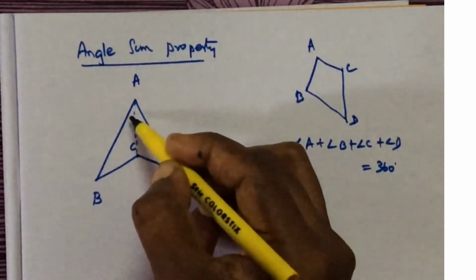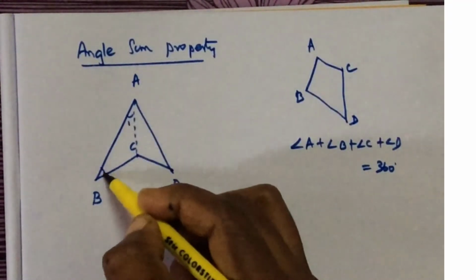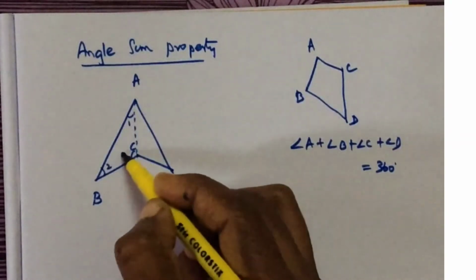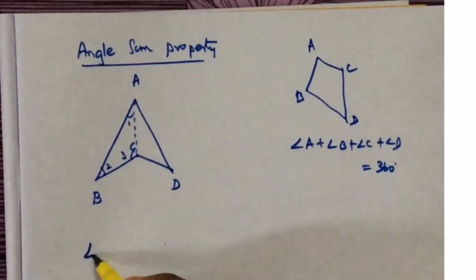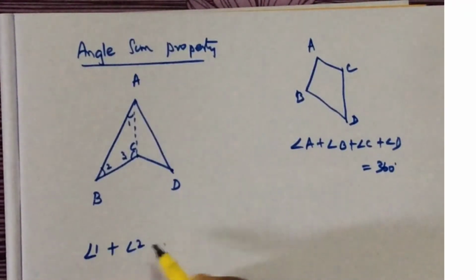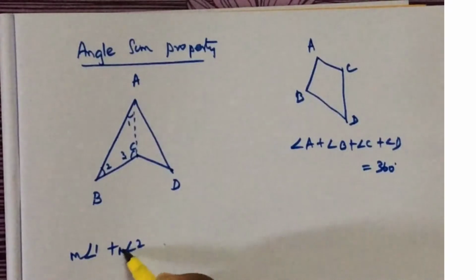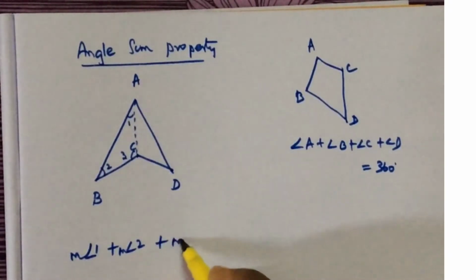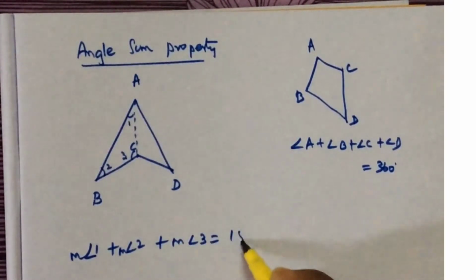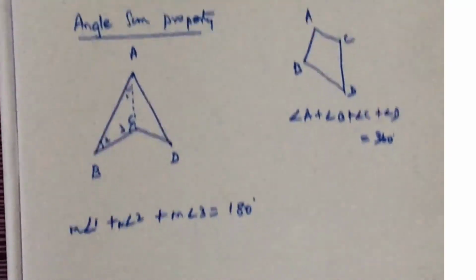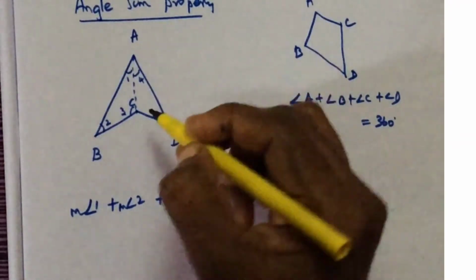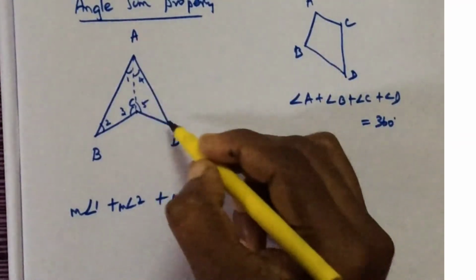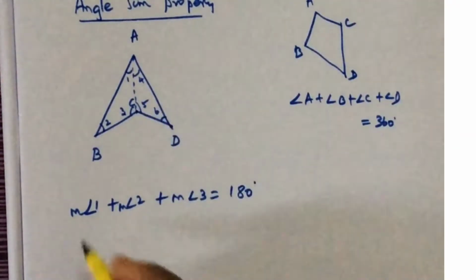This is angle 1, this is angle 2, and this is angle 3. We know that in a triangle the sum of the angles is 180 degrees. So the measure of angle 1 plus angle 2 plus angle 3 is 180 degrees. Similarly, on this side, let this angle be 4, this angle be 5 and this angle be 6.